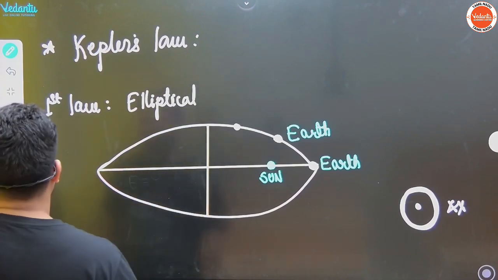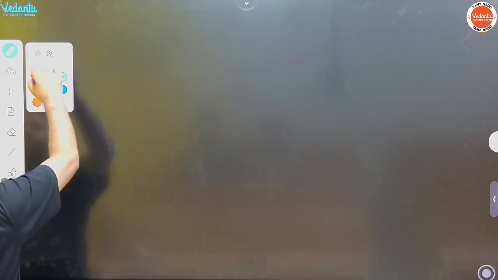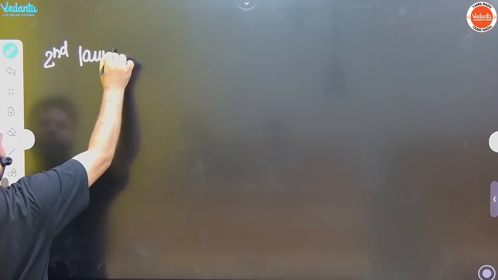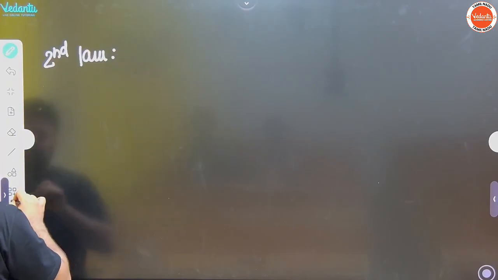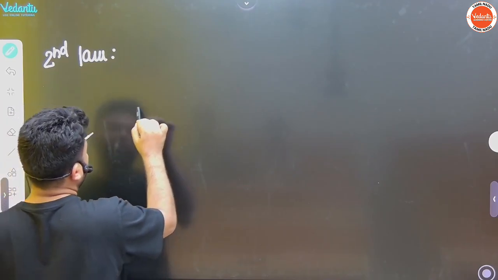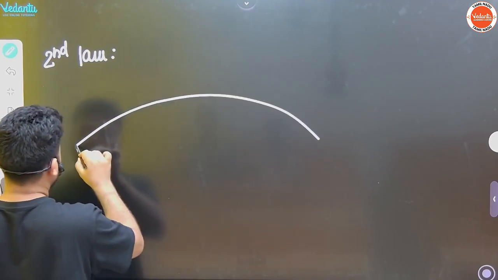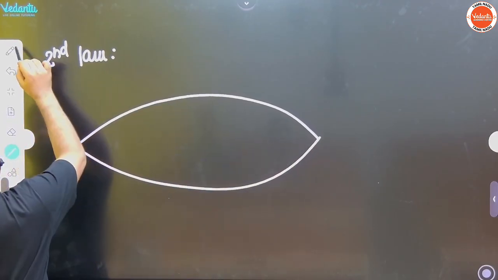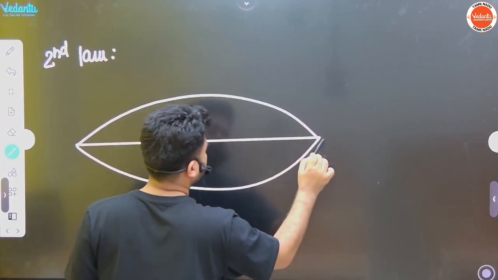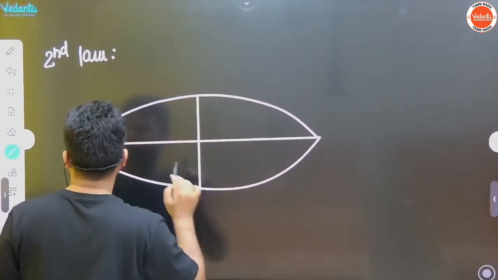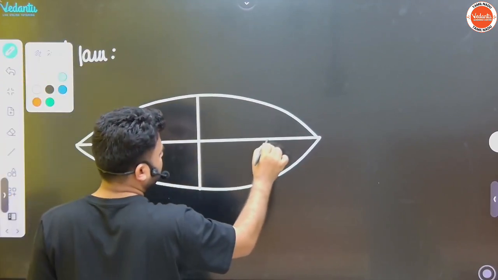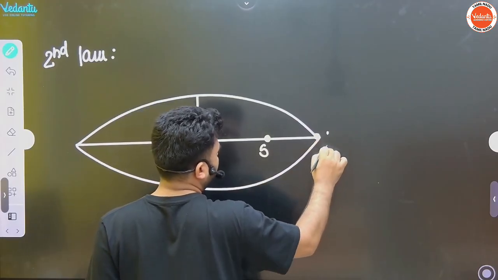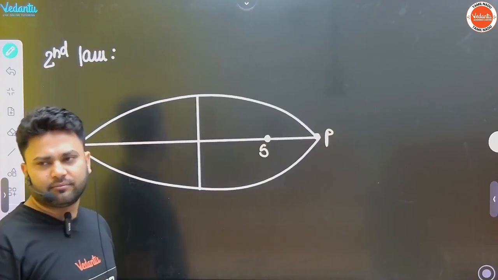Second law. What it says is that the planet covers equal area in equal time. This is the sun, this is the planet. P means planet, earth, whatever.